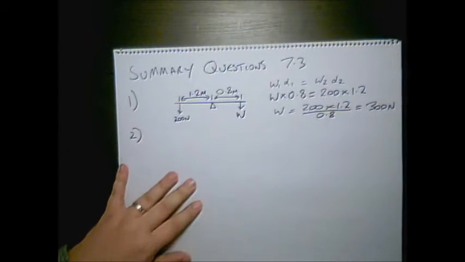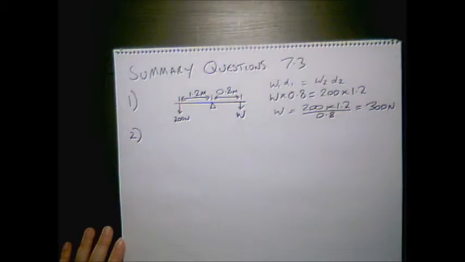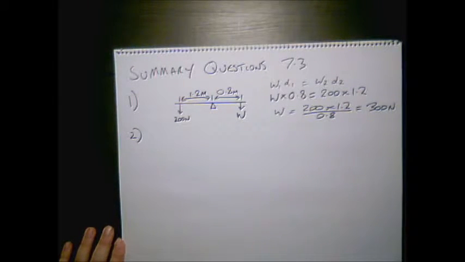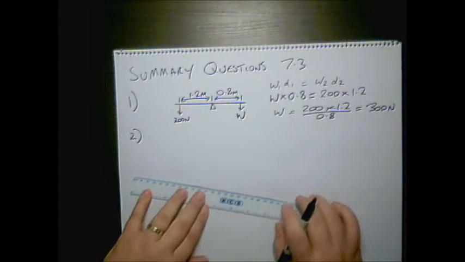Question 2. A meter rule pivoted at its centre of mass supports a 3 Newton weight at its 5 centimetre mark, a 2 Newton weight at its 25 centimetre mark, and a weight W at its 80 centimetre mark. For A, sketch a diagram to represent the situation, and for B, calculate weight W. So again, we're going to draw ourselves a diagram.